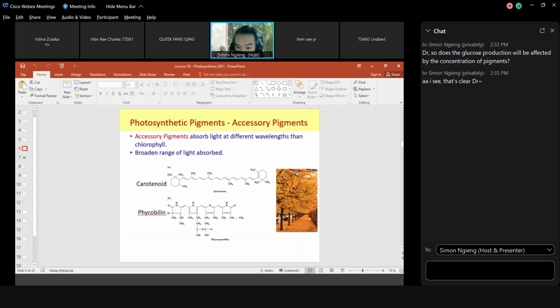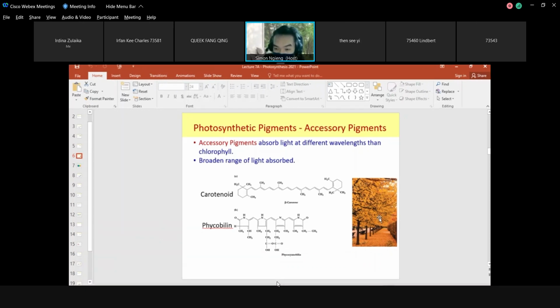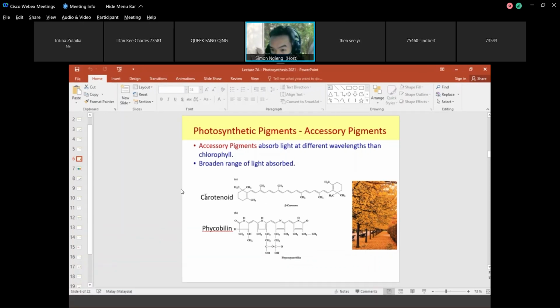So trees that look orange in color can also perform photosynthesis with the help of pigments other than chlorophyll. I won't say that there's totally zero chlorophyll inside here, but the reason why it looks yellow is because you have more carotenoid inside the leaves than chlorophyll.